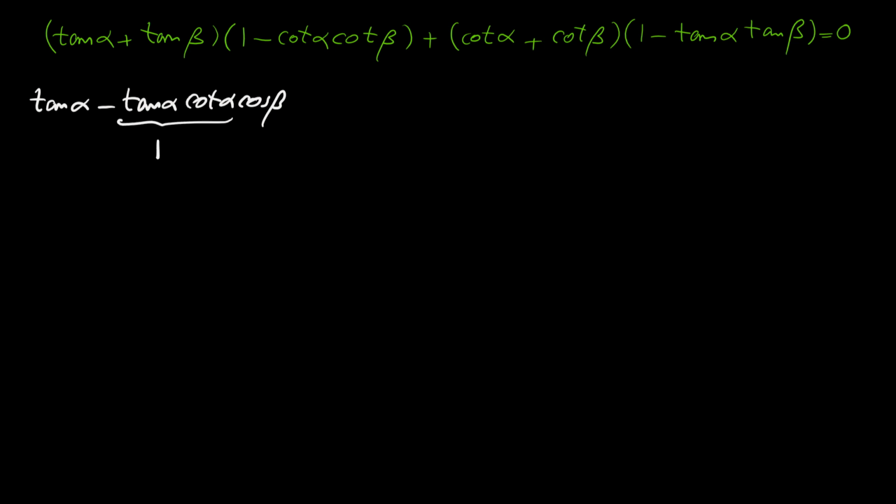Attention, tangent alpha times cotangent alpha is 1, so we only have cotangent beta. So let me write this a better way: tangent alpha, negative cotangent beta.